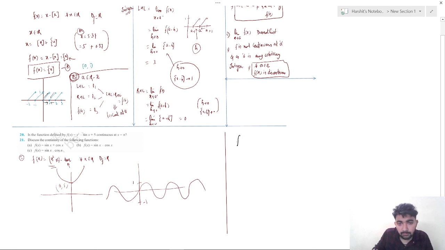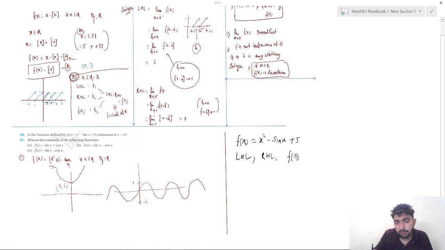Now the function is given as f of x equals x square minus sin x plus 5. Obviously, to check continuity at x equal to pi, we need to find the LHL, the RHL, and f of pi.